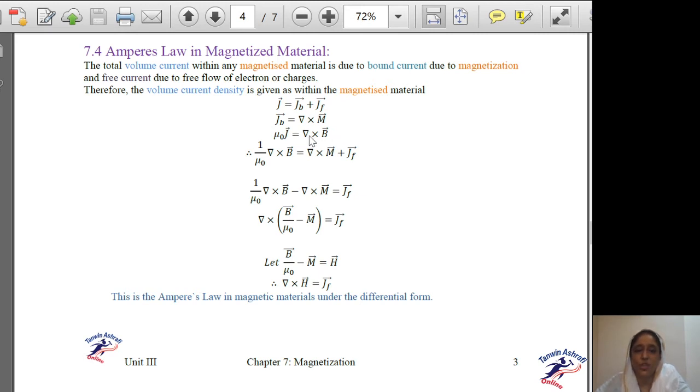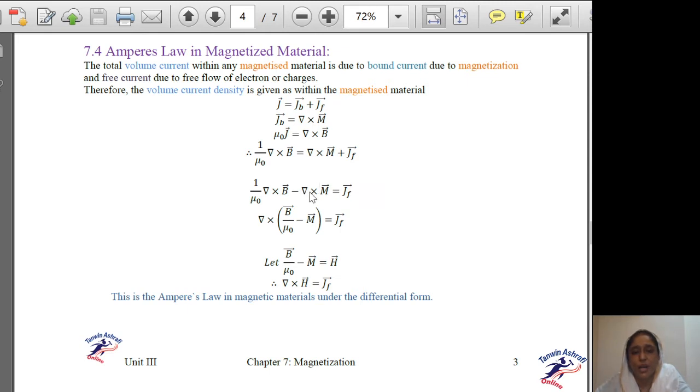If we substitute the values of J and J_b in the above equation, we get 1 upon mu naught del cross B is equal to del cross M plus J_f. And if we move this del cross M term from right to left, we get 1 upon mu naught del cross B minus del cross M equal to J_f.